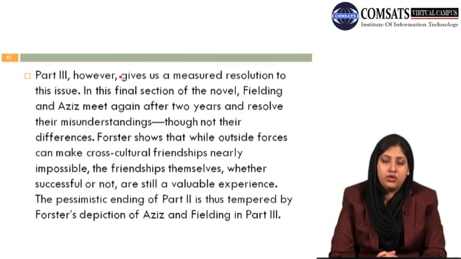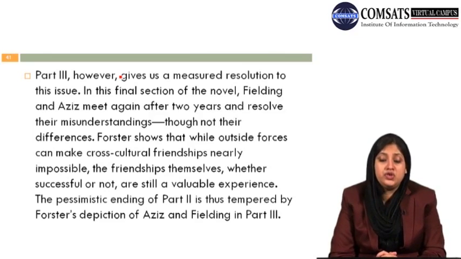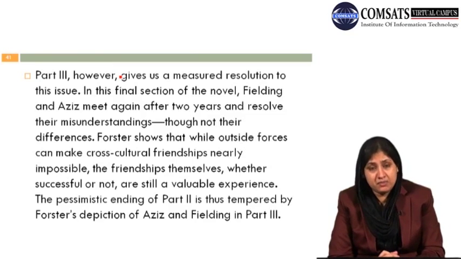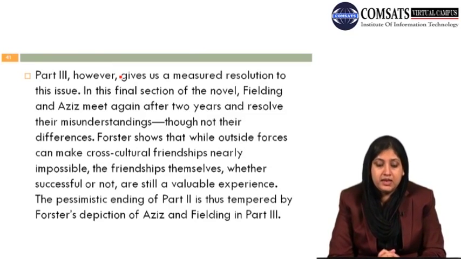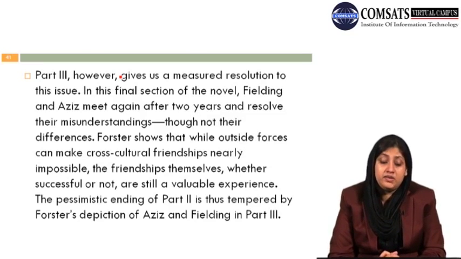In this final section of the novel, Fielding and Aziz meet again after 2 years and resolve their misunderstandings, though not their differences. Forster shows that while outside forces can make cross-cultural friendships nearly impossible, the friendships themselves, whether successful or not, are still a valuable experience.